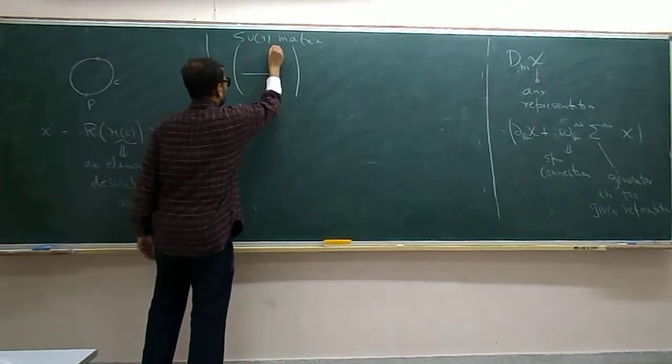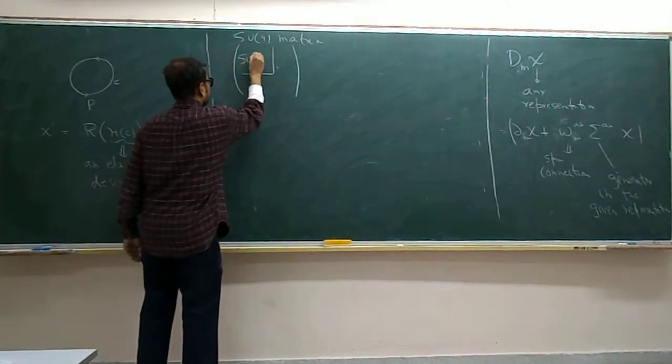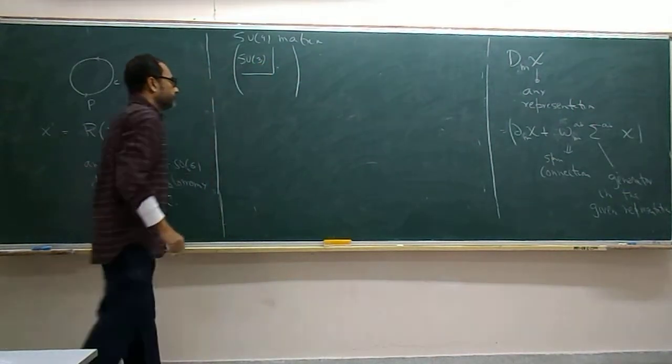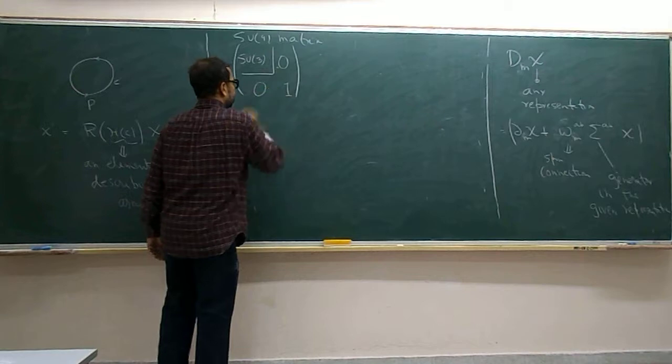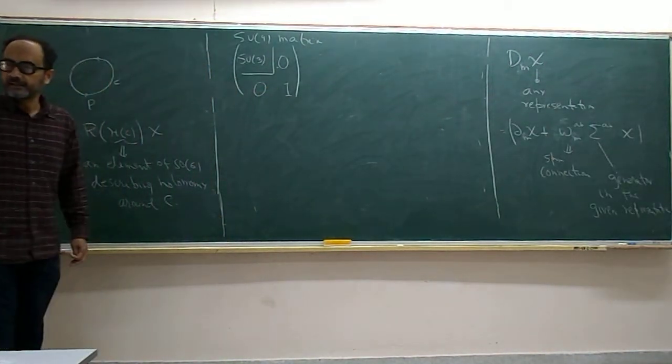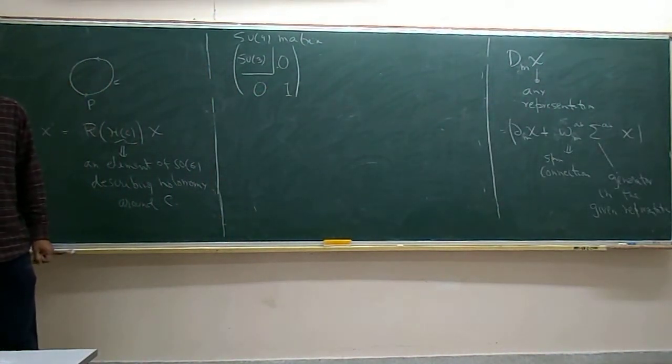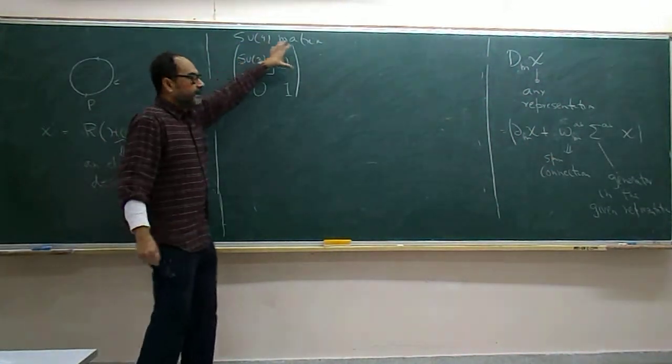So SU(3), the holonomy group, basically sits here, and then this is 0, 0, 1. This is the representation matrix that we will get if your holonomy is SU(3) holonomy. This is the way SU(3) is embedded in SU(4).